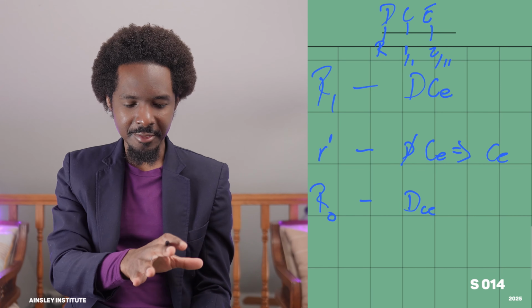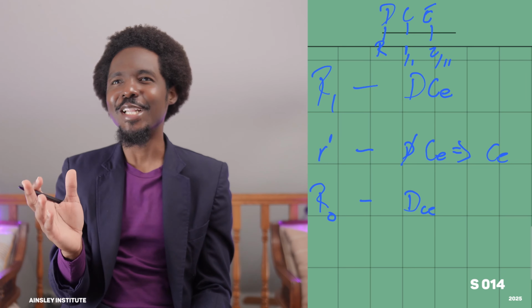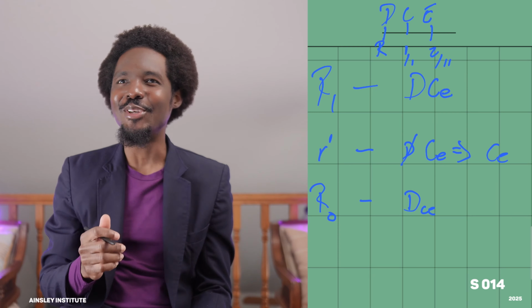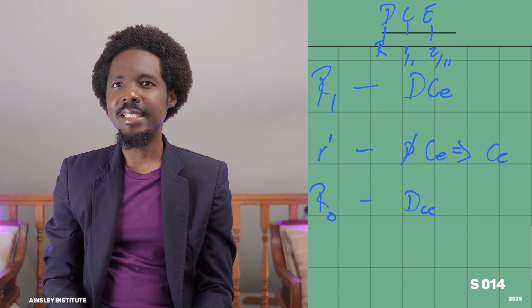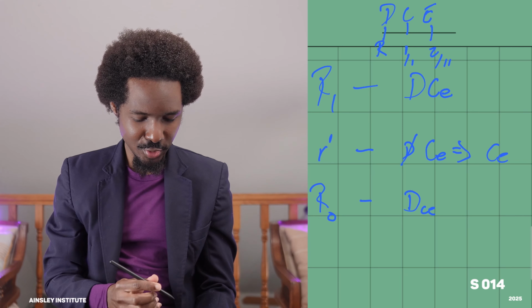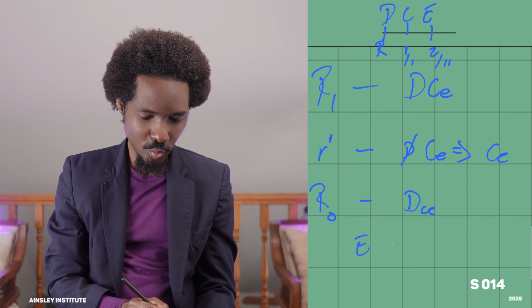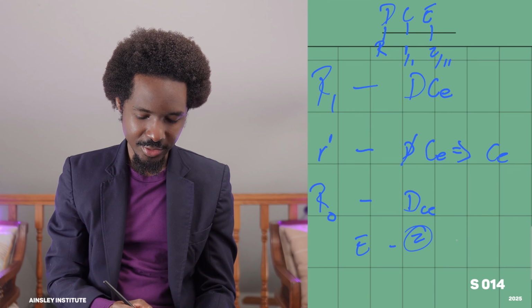So once you have this terminology in your mind, then you can appreciate exactly what is taking place. All right. So the presence of E is indicated by the number 2 or double prime. So if there is an E, we're going to have the number 2, that's it, or double prime.